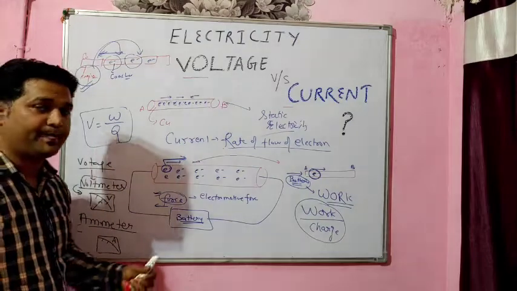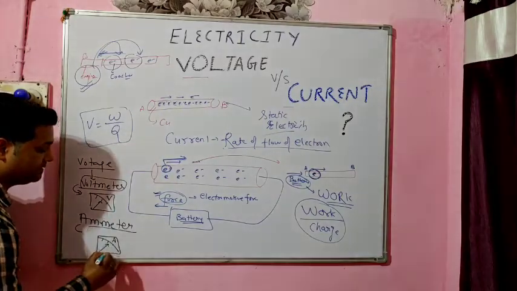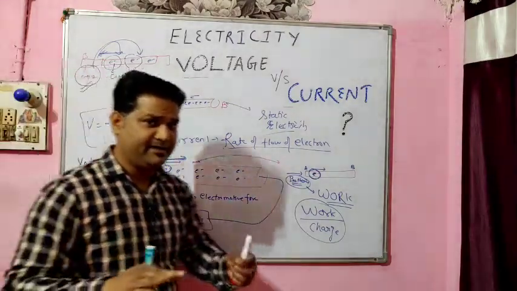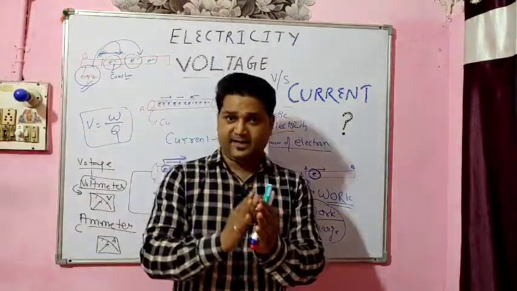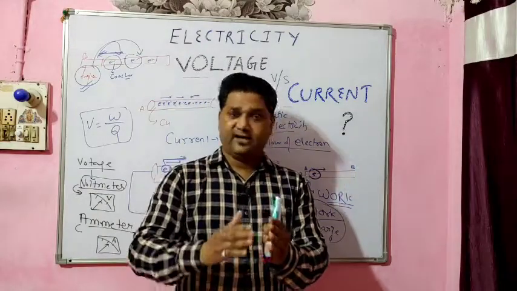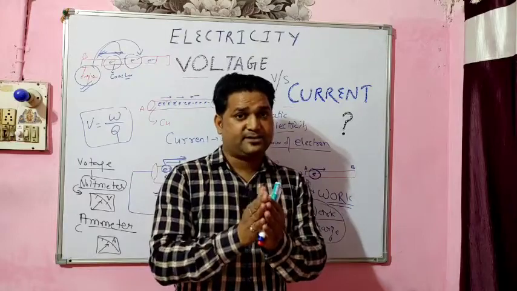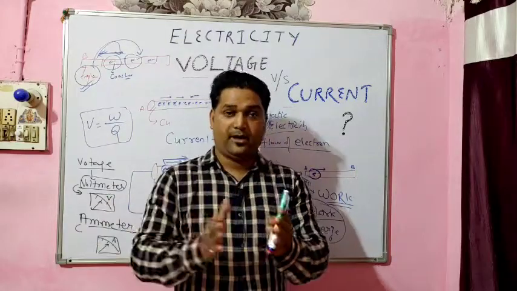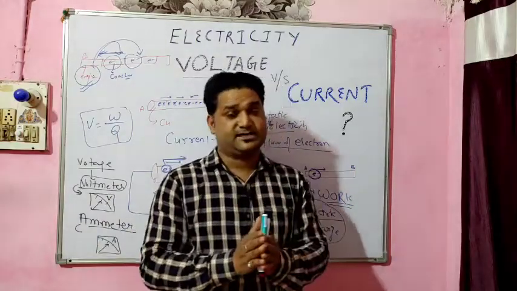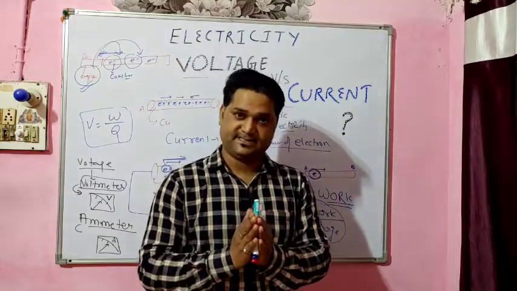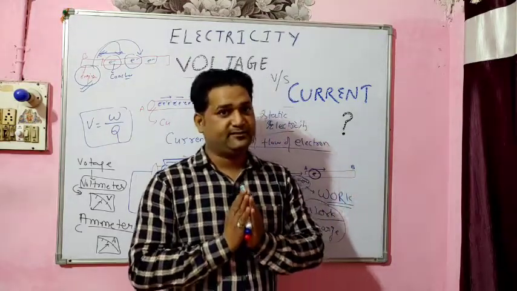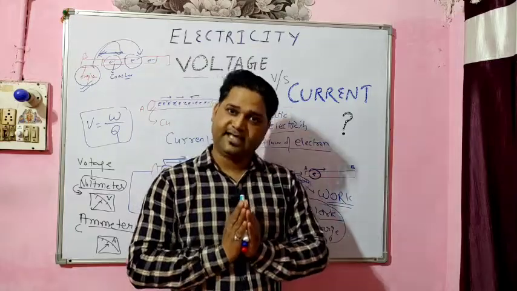Here we have A written on it. The basic difference is that an ammeter has low resistance and a voltmeter has very high resistance. An ammeter is always connected in series, while a voltmeter is always connected in parallel with the resistance. I hope this is very clear to all of you. Thank you.